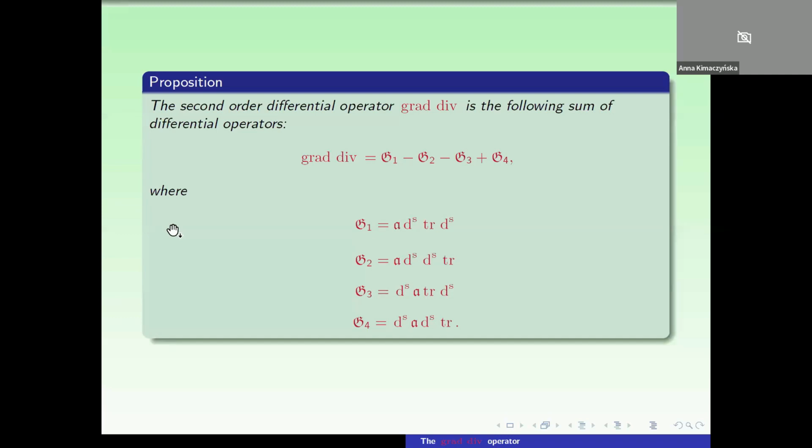The second order differential operator grad div is the following sum of differential operators: g1 minus g2 minus g3 plus g4, where g1 is A ds trace ds, g2 is A ds ds trace, g3 is dsa trace ds, and g4 is dsa ds trace.